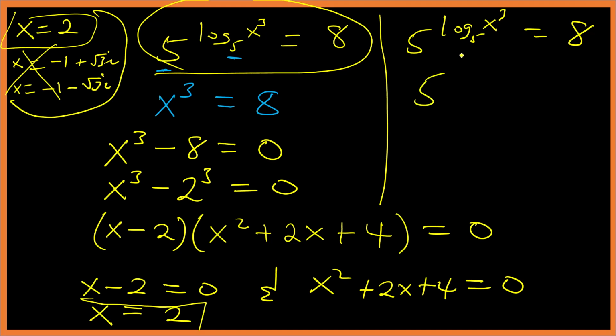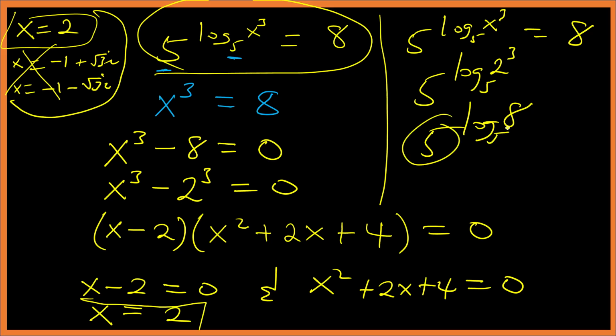So we have 5 raised to log 2 to the power 3 to base 5. 2 to the power 3 is 8. Remember the property: 5, 5. The answer is 8. So that's that. All right.